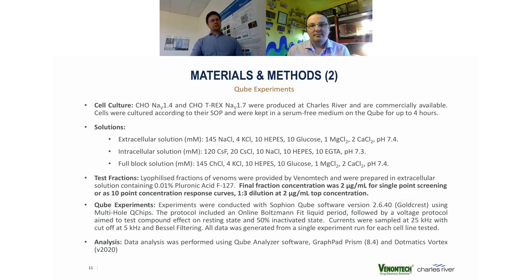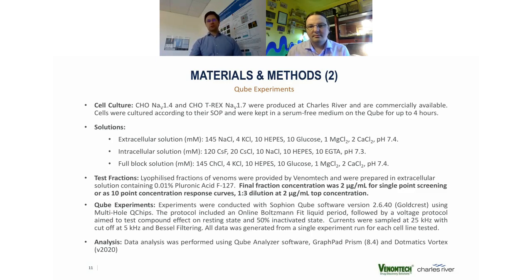For all the experiments, as Steve mentioned, we received the lyophilized fractions. We dissolved those in our EC000 solution with pluronic acid. We found from previous experience with known toxins like TTX and ATX2 that having pluronic acid in the external solution helps keep the toxins active rather than them getting absorbed into the plastics.